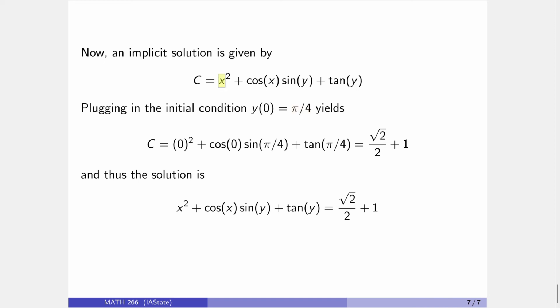So x is 0, sine is pi over 4, so that zeroes out. Cosine of 0 is 1, sine of pi over 4 is root 2 over 2, and tangent of pi over 4 is 1, pi over 4 being the spot where sine and cosine line up with each other. It gives me my c, and that's it. We're done, yay! And that covers everything from exam 1 that I will throw at you.